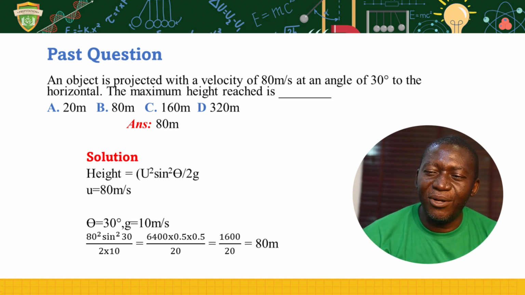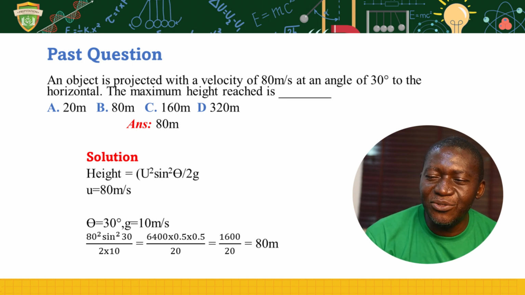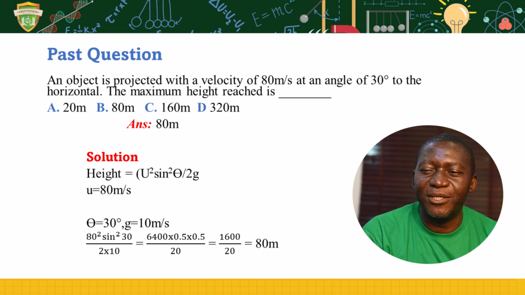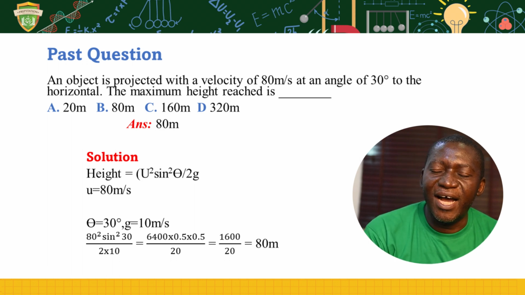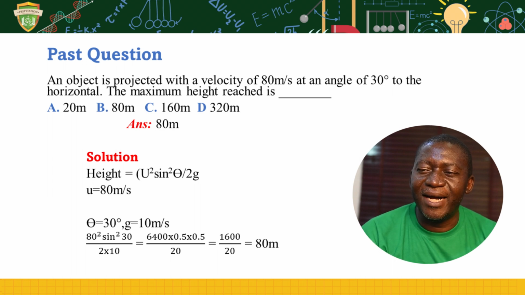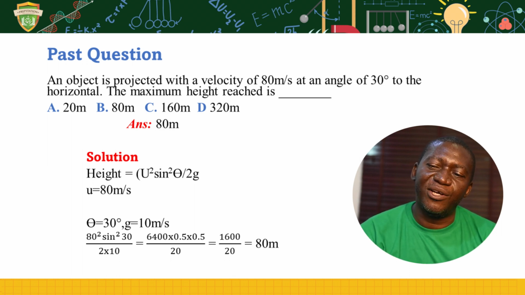Now, let us plug all these parameters into our equation and see what answer we are going to come out with. We are going to have our initial velocity, which is 80 squared, multiplied by the sine squared of theta, which is 30 degrees. That means sine 30 multiplied by sine 30, and the value of sine 30 is 0.5.